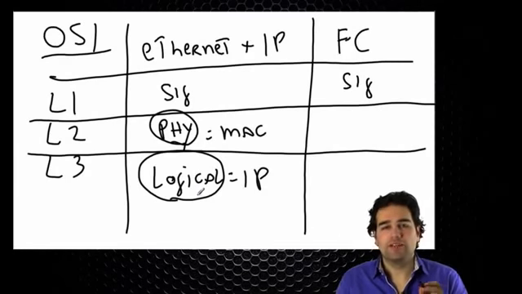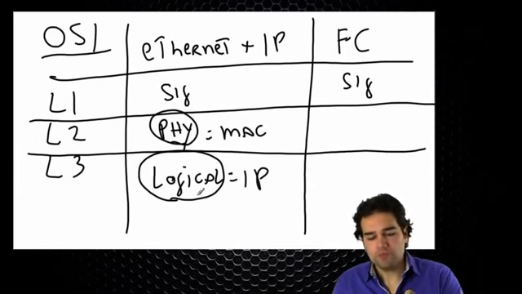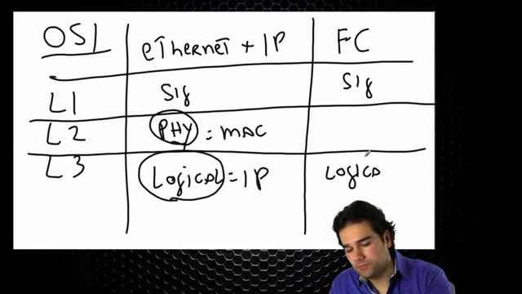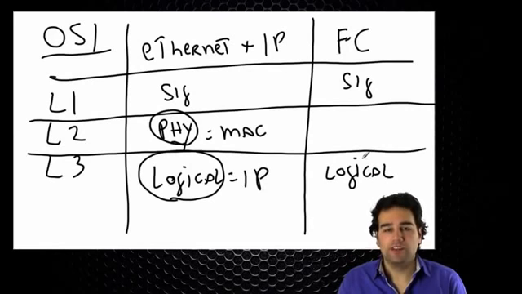If I take a look at Fibre Channel framing, I see that the addressing information in the Fibre Channel frame is a logical address. I configure that myself. It is not given to me by the vendor.